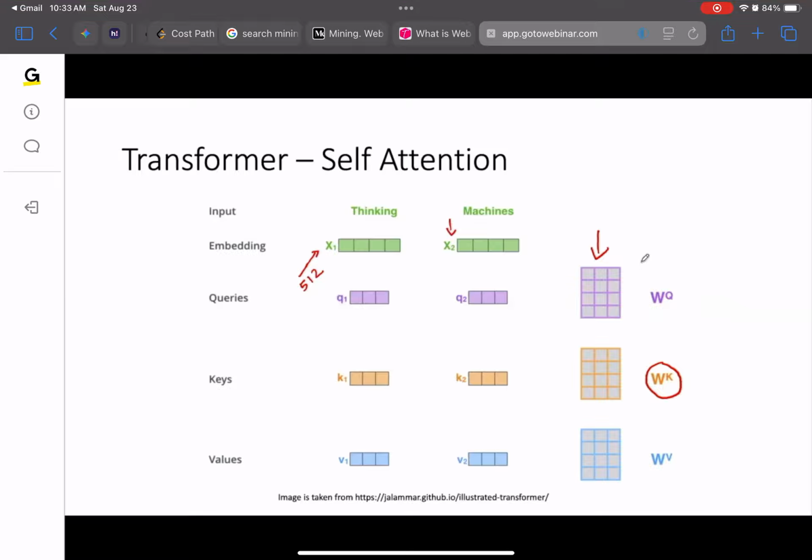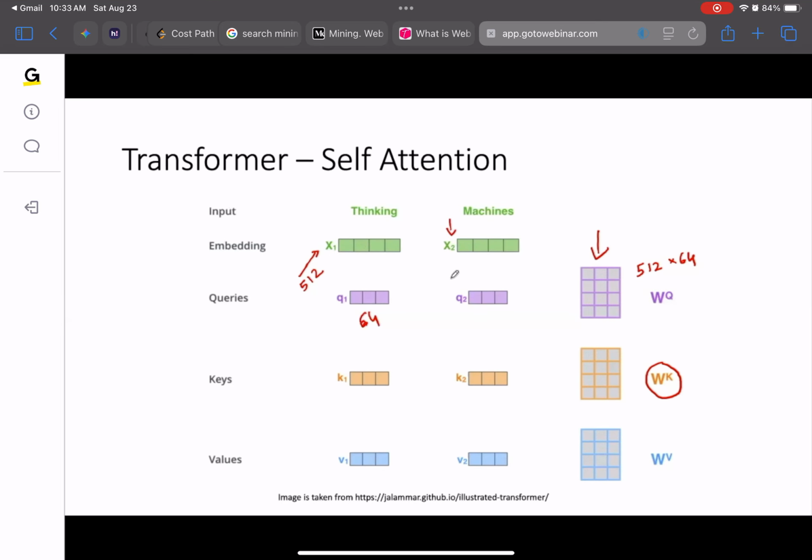If our WQ is a matrix of dimensions 512 by 64, then when we multiply x1 with WQ, the dimension of this Q1 vector is 64. So we are actually reducing the size of the input embedding as well. We'll try to understand why exactly we reduce this size, but for now this is one additional benefit.